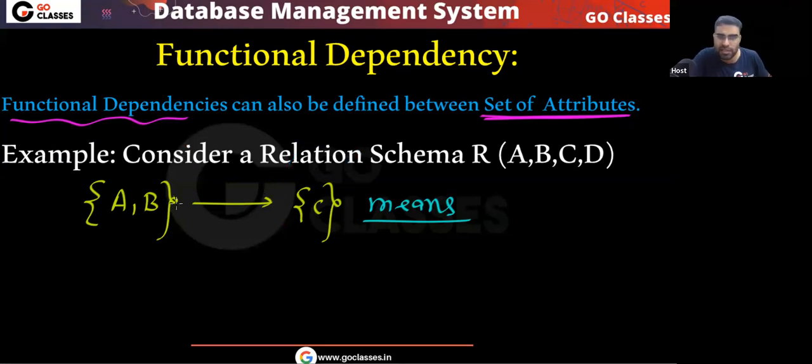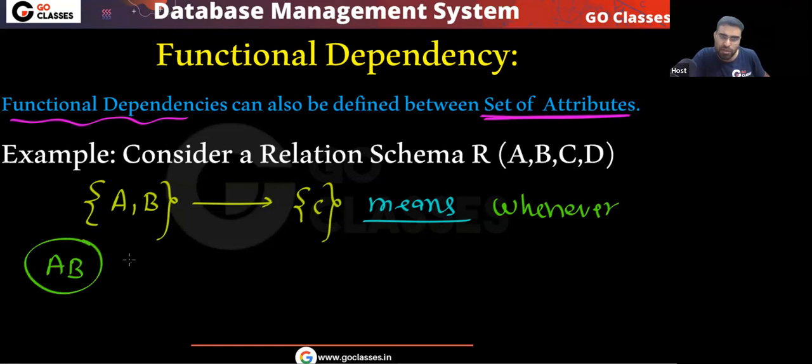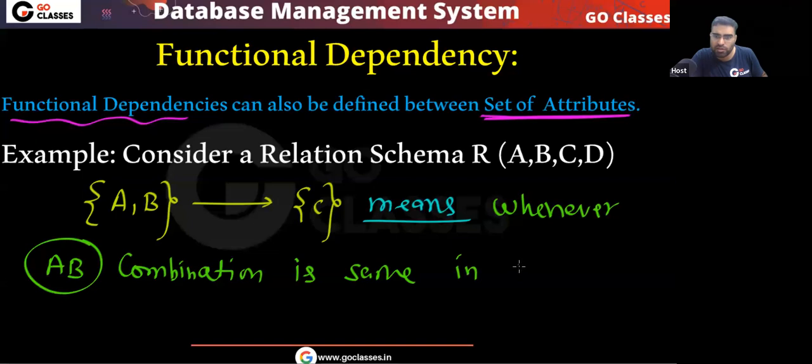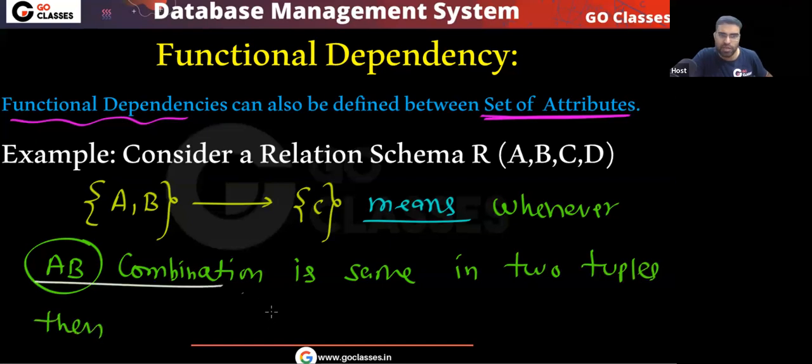That means that whenever this combination is same in two tuples, then what should happen?